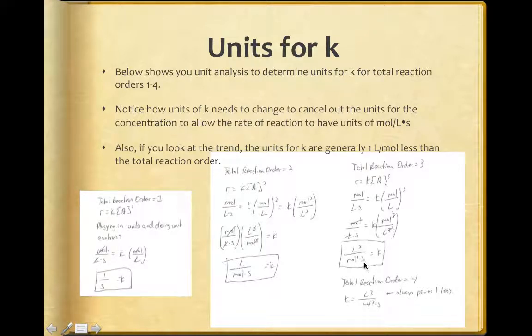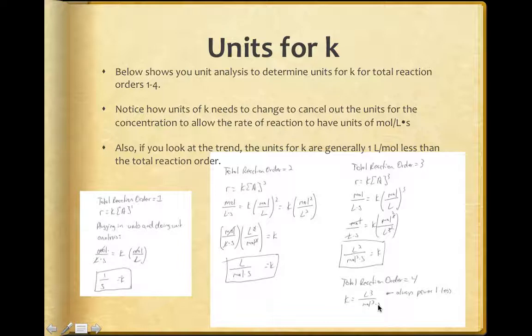Okay. Now, do you notice a trend as we work our way through? As we go from order 1 to 2 to 3, we're adding 1 liter per mole every time. So if we look at reaction order 4, the units for K are liters cubed over moles cubed per second.